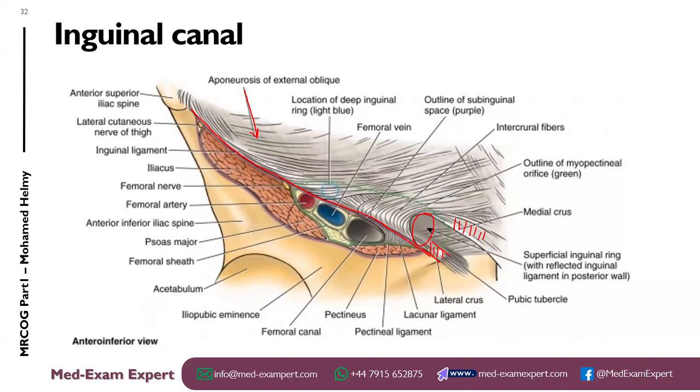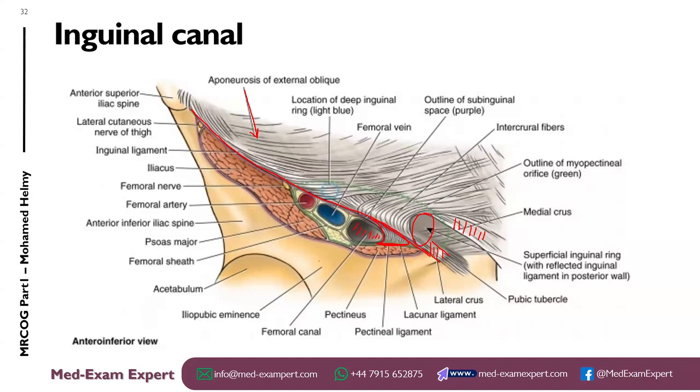As we can see here, the inguinal ligament is reflected backward like this to form the lacunar ligament, which is the medial boundary of the femoral ring. And the femoral ring is an opening to what we know as the femoral canal, and I'm going to explain it in a while.